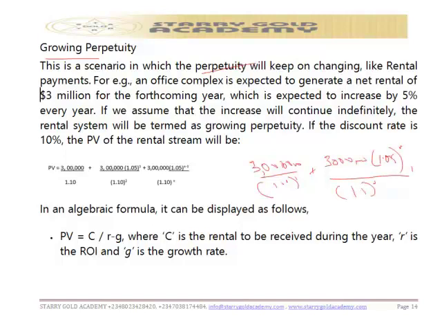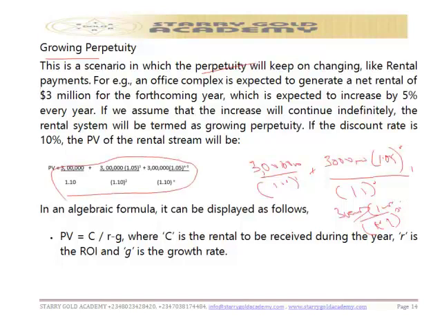And the third year, the 3 million is also expected to grow by 5%, all over 1.1, which is the 10% rate, raised to power 3, and to the end like that. You can see the pattern here.